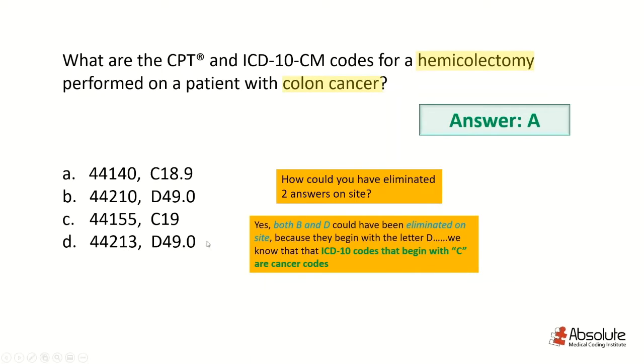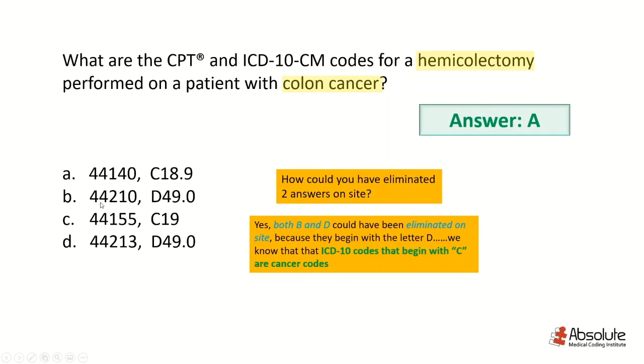Although, like I told you, you do not allow the ICD-10 codes to drive you to your answer, in this case you do want to take a look sometimes. Remember how we learn things on sight? ICD codes that begin with a C are cancer codes.